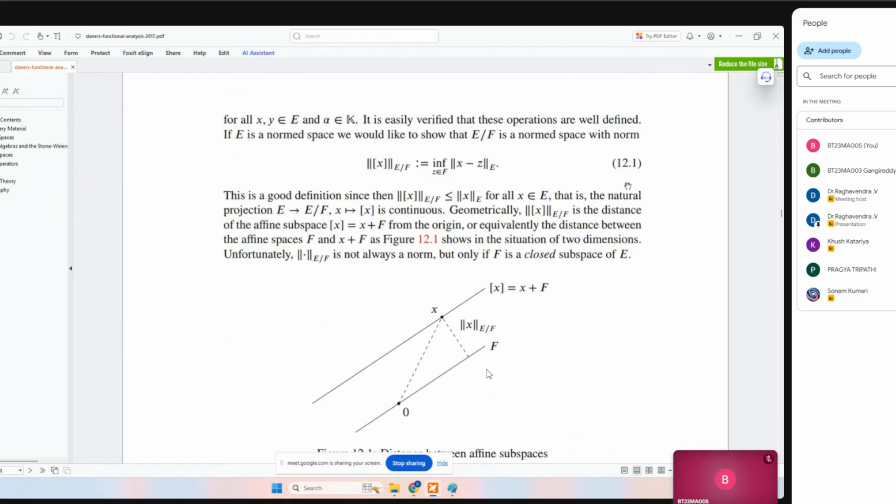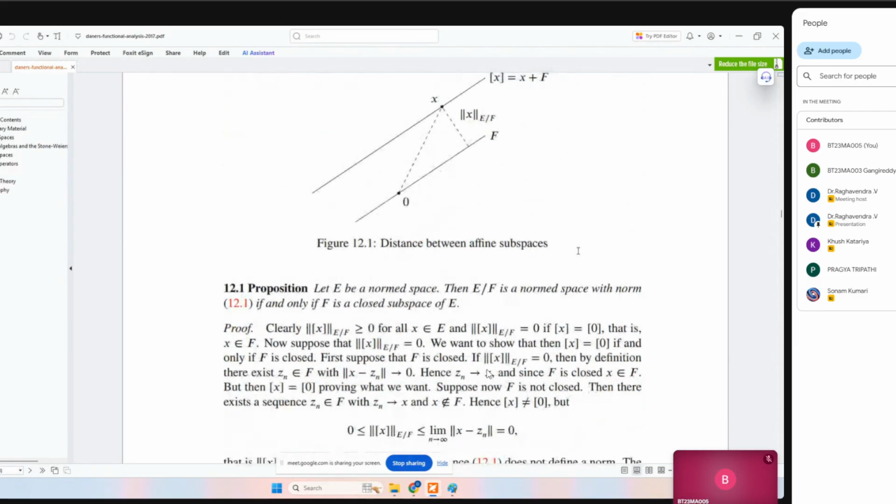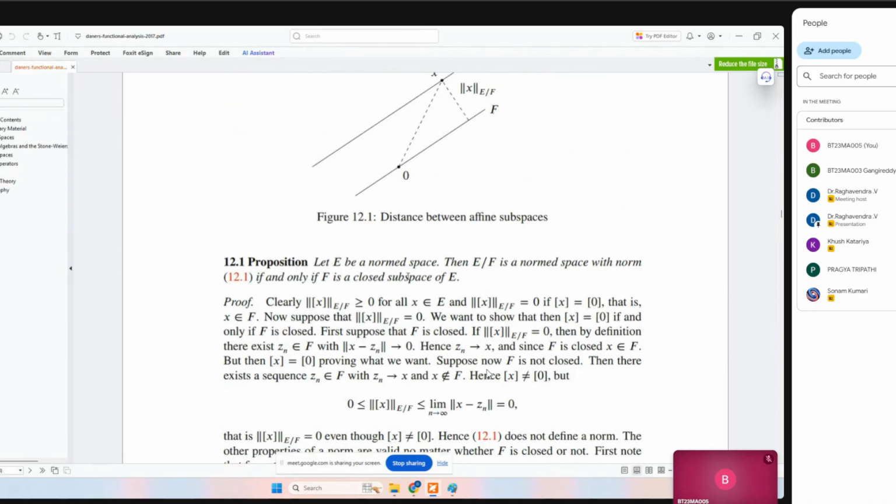What do you mean by norm? It has to satisfy the triangle inequality and two more properties. So E over F is a normed linear space with the norm we have defined here if and only if F is a closed subspace.